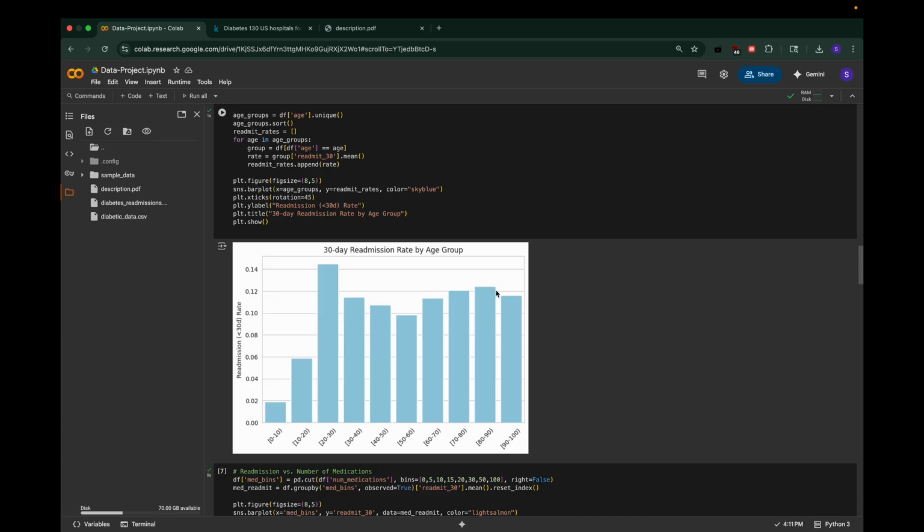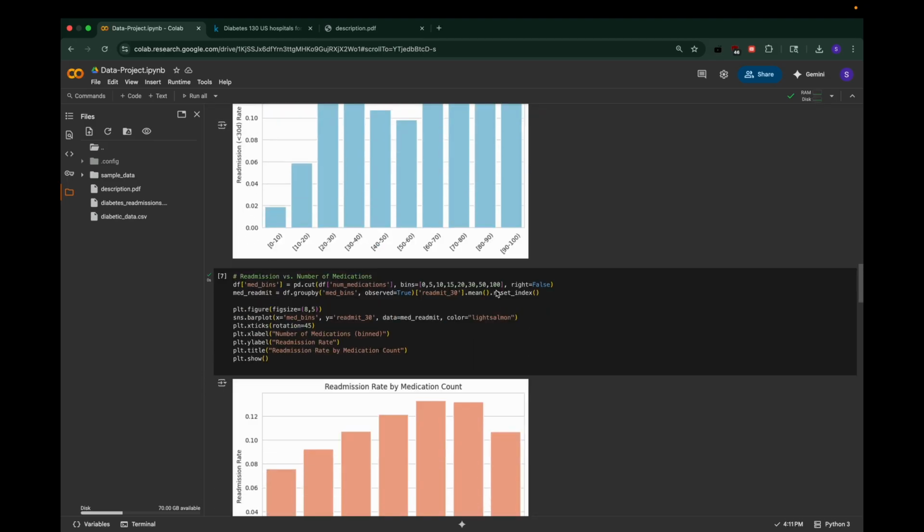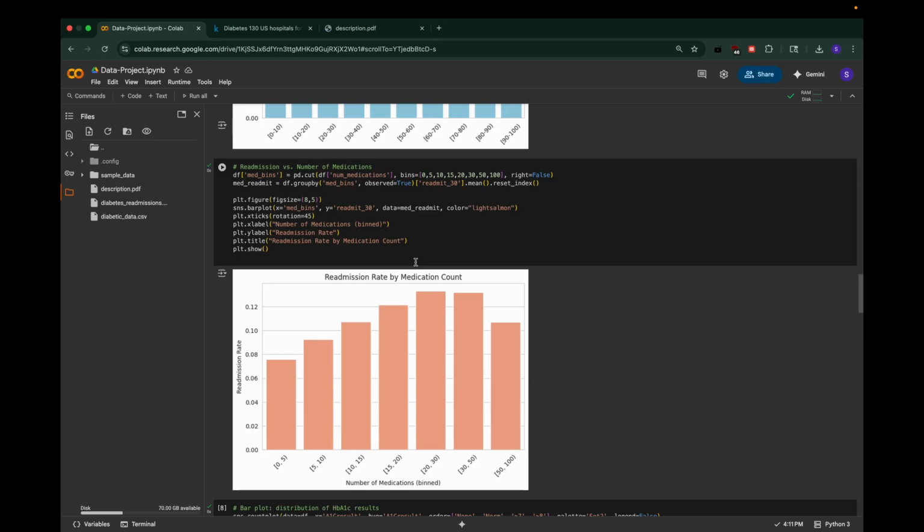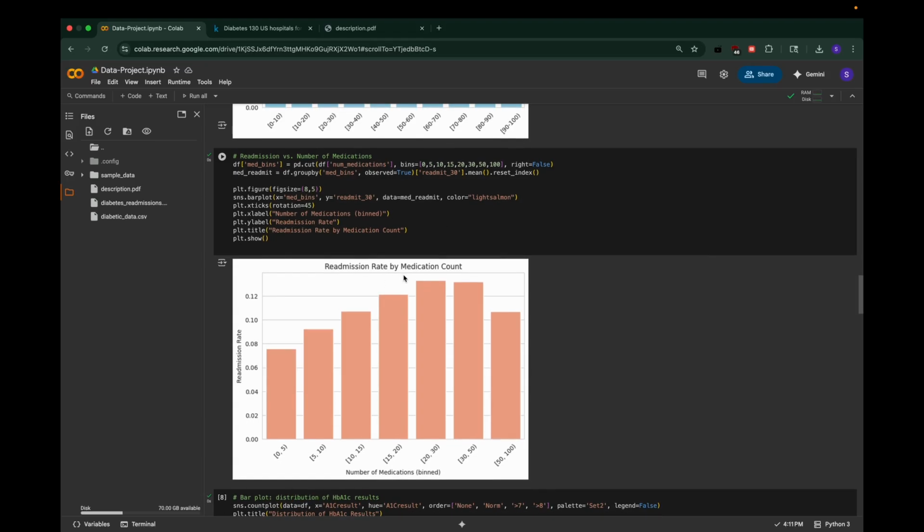Then the next chart focuses on the number of medications prescribed during a hospital encounter relating to 30-day readmission. What this code does is create bins like 0 to 5, 5 to 10, 10 to 15.